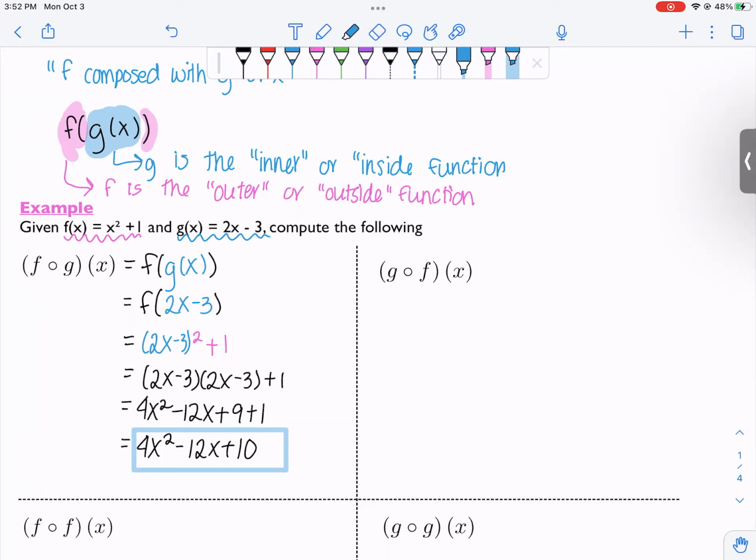We can go the reverse direction though, and we can plug the function f into the function g. So g composed with f of x is the same thing as g of f of x. f of x is x squared plus 1. So this is g of x squared plus 1.